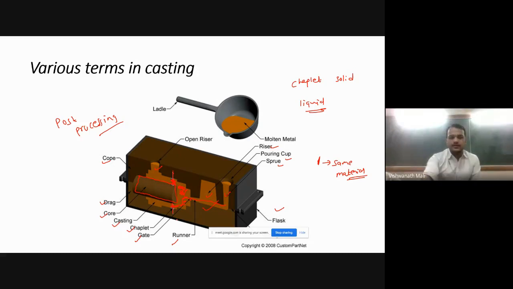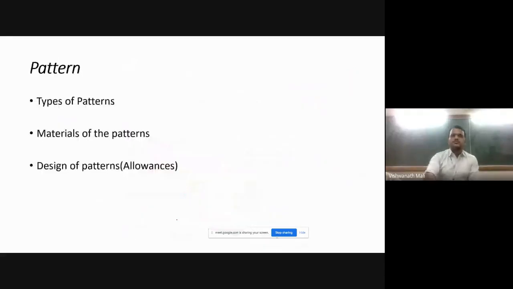So our first part, which is very important, is the pattern. What we are going to study in the pattern: various types of patterns, the material of the pattern like wood, plastic or metal, then design of pattern, that is allowances. So pattern we have seen.